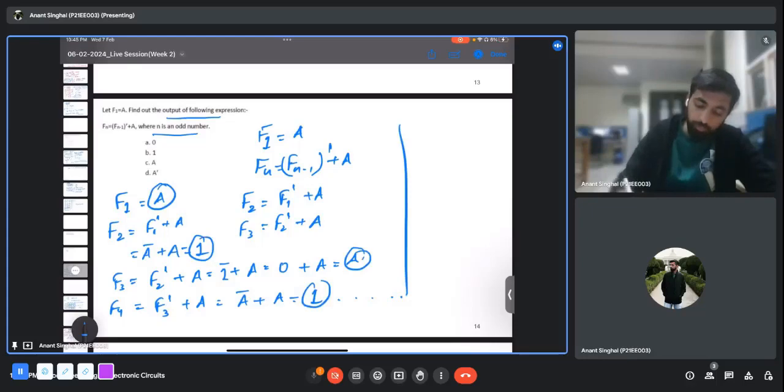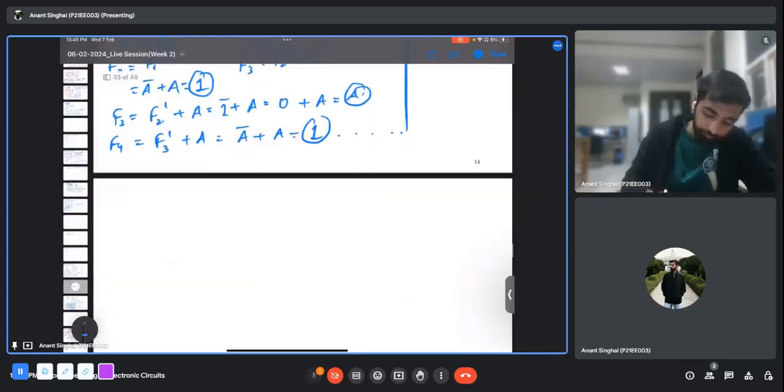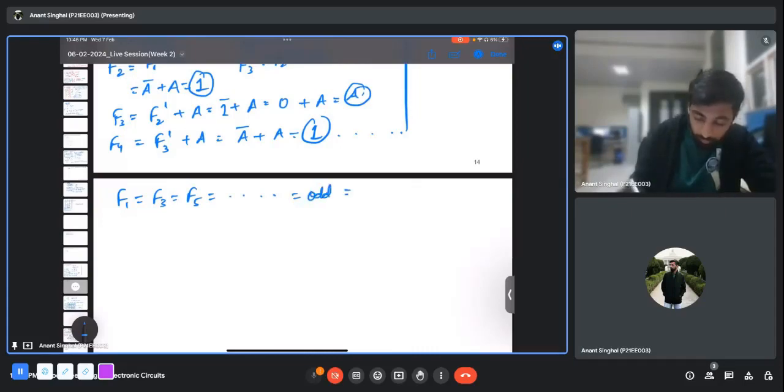So we just need to check for even and odd integers. As I can see, for f1, f3, f5 and so on, that is for odd n, it is coming out to be a, not 1. And for f2, f4, and so on, that is for n equal to even, it is coming out to be 1.